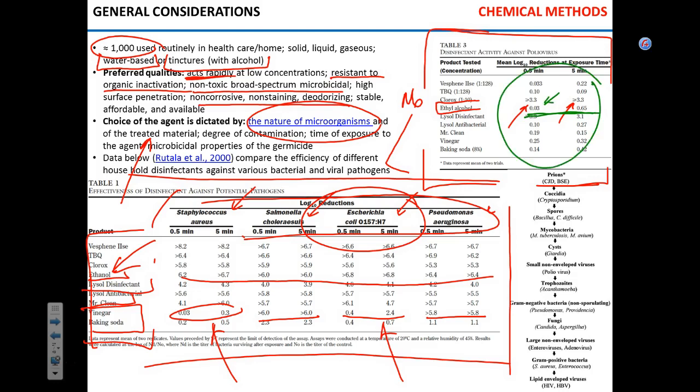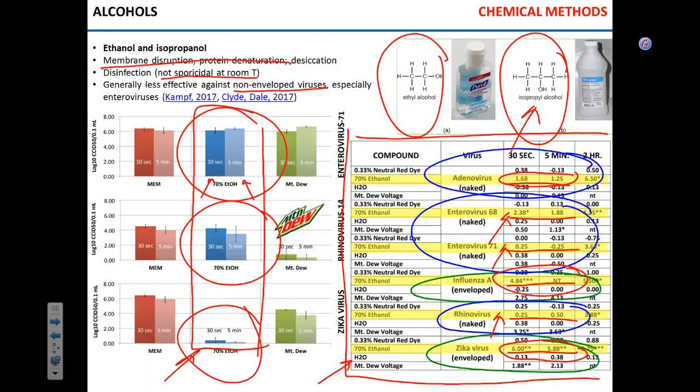For polio, they're really low. Polio is non-enveloped. So polio, let's expand it. Polio, entero, rhino. These 4 viruses are very closely related. So they aren't really inactivated well. Does that make sense? Yes.